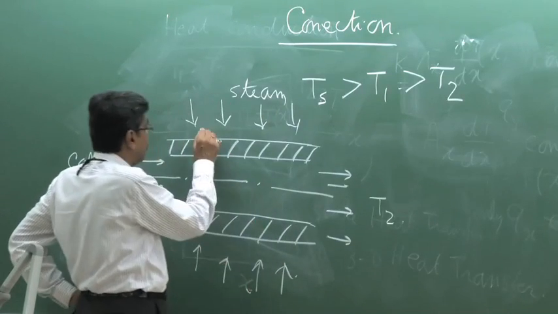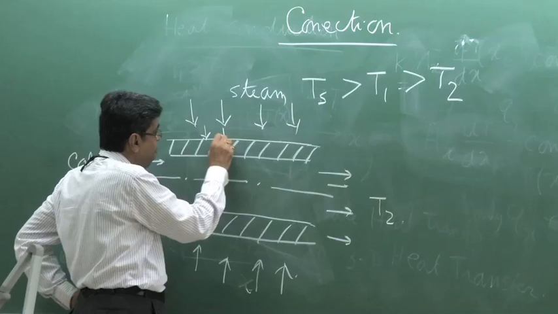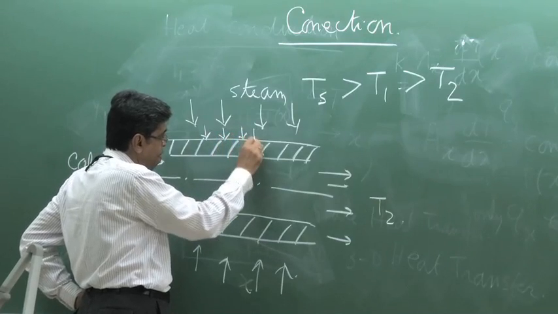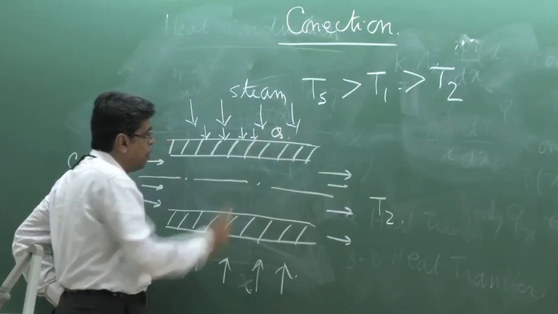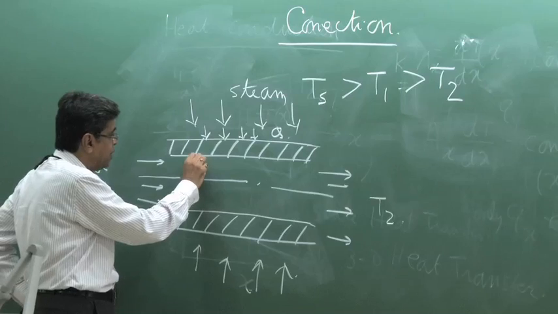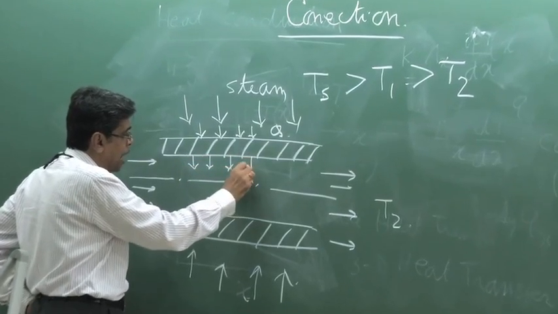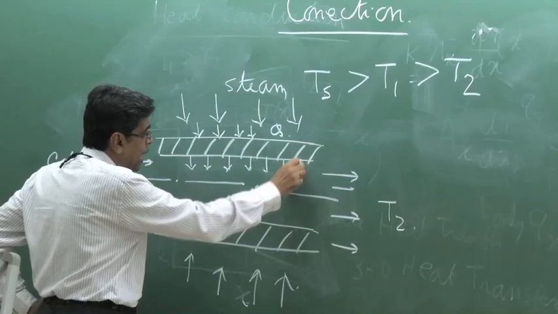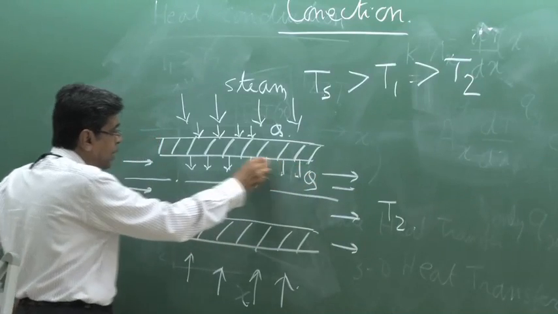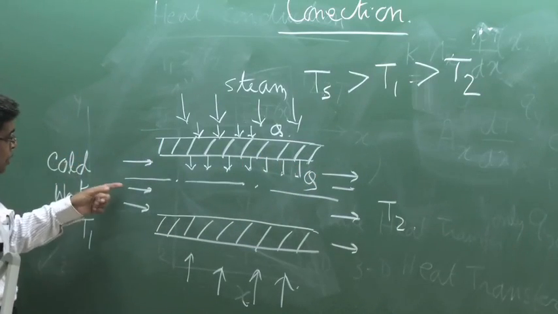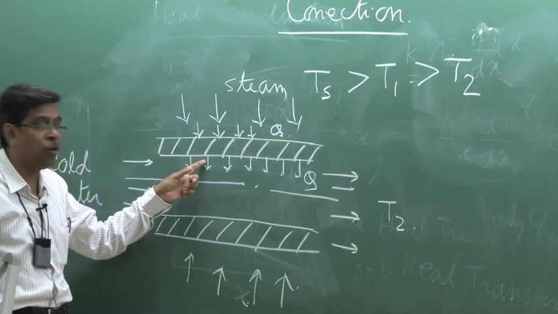Then what will happen? The heat, therefore this is the heat Q, and at steady state the same heat will come to the inner fluid from the inner wall. The inner fluid is water. So this is again convection.